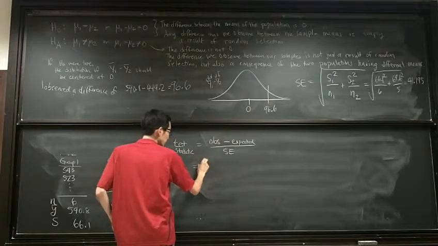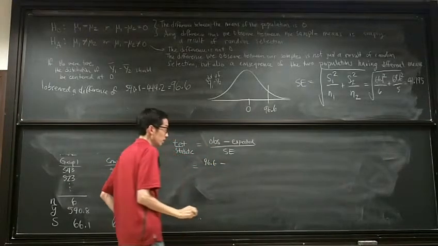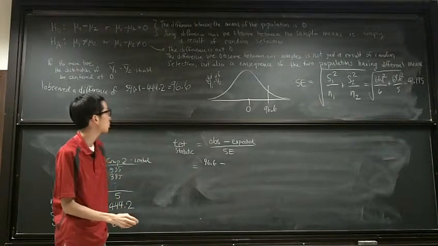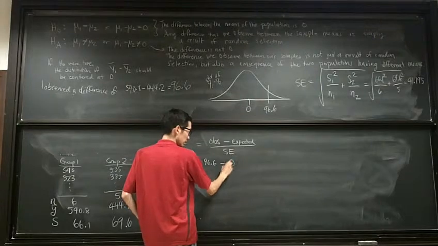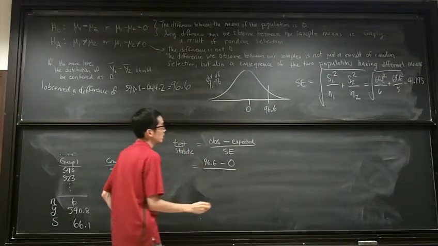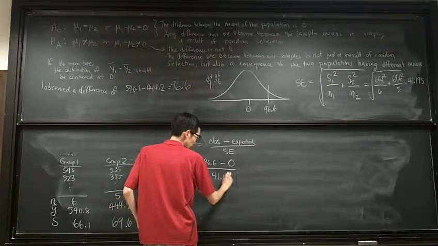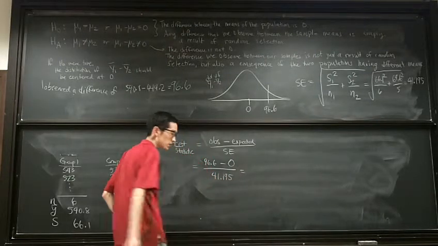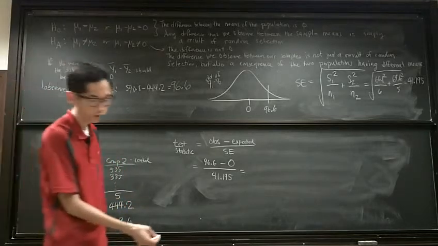I observed a difference of 96.6. And if the null hypothesis were true, what kind of difference do I expect? I expect a difference of 0, and my standard error is 41.195. So this gives me a test statistic of 2.34.